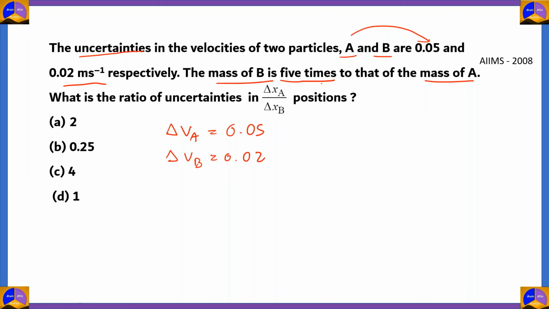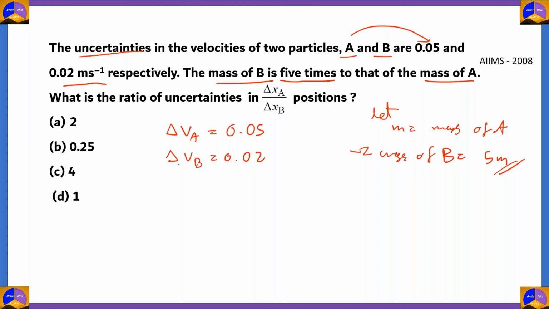Now, the mass of B is given as 5 times the mass of A. So let m be equal to the mass of A. Therefore, the mass of B will be equal to 5m. So we have the masses m and 5m. We need to find out the uncertainties in their positions and the ratio of it.